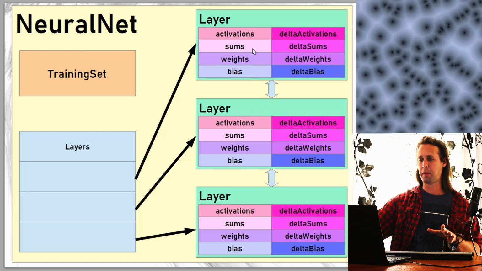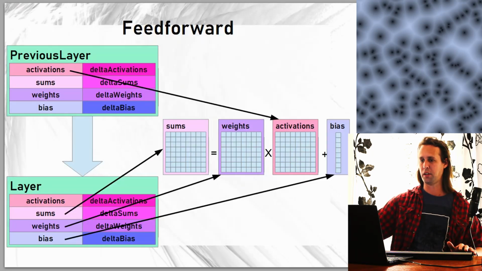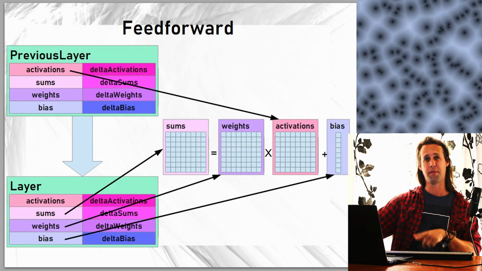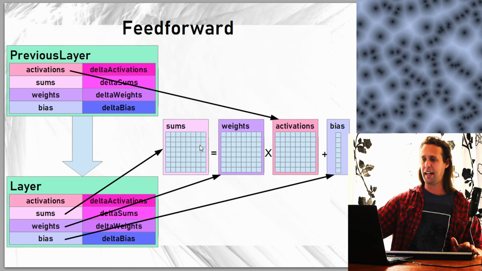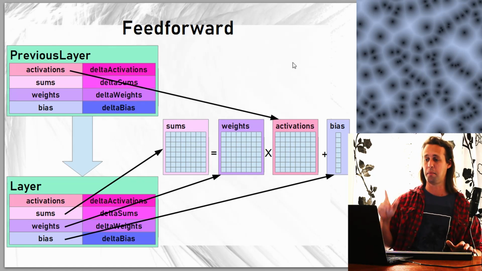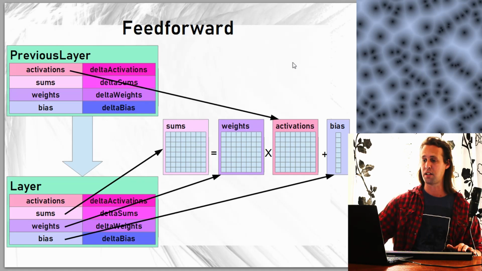So what we actually spent time doing last time, if we have a look at this slide just here, during the feed forward step, what we were getting was this sums matrix. We were computing the sums matrix, and we were doing that by saying that it's equal to the weights of this layer multiplied by the activations of the previous layer. So at the moment, we don't actually have the activations. At the moment, all we've computed is the sums.